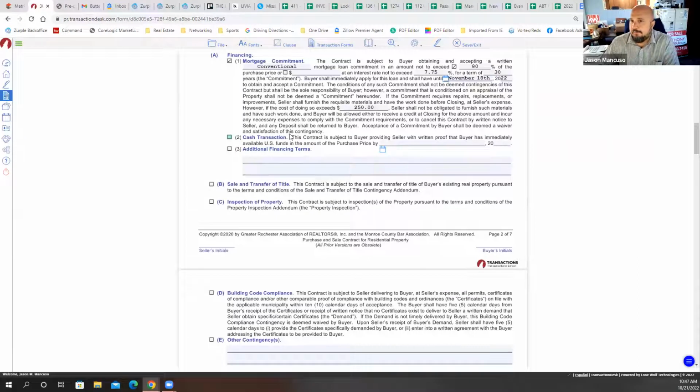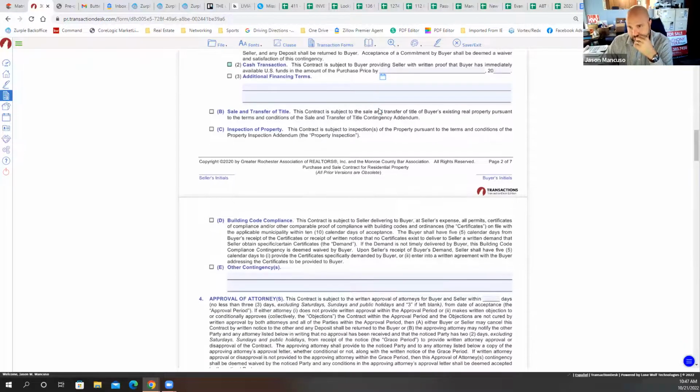Okay. Moving on. That's the mortgage commitment. That's going to be a common thing that we have to have filled in unless you're doing cash, and it's important to understand the ins and outs of that. Other contingencies.